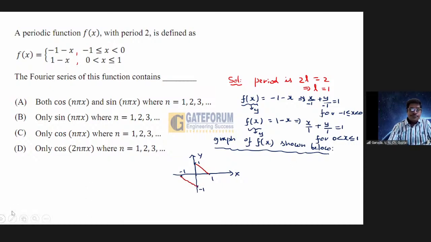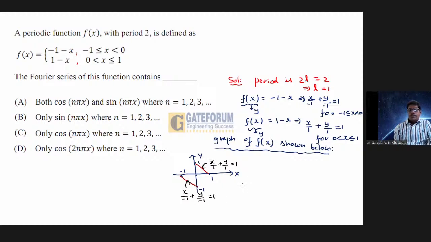So this equation is x by 1 plus y by 1 is equal to 1. And this equation is x by minus 1 plus y by minus 1 is equal to 1.